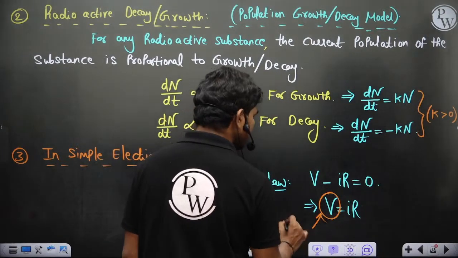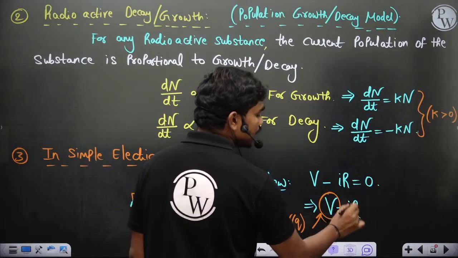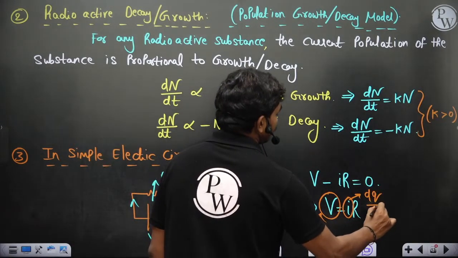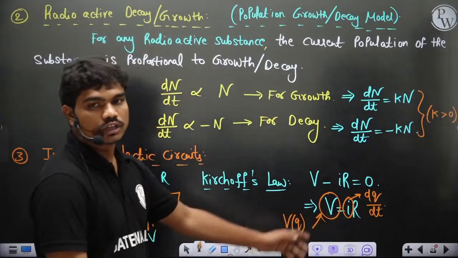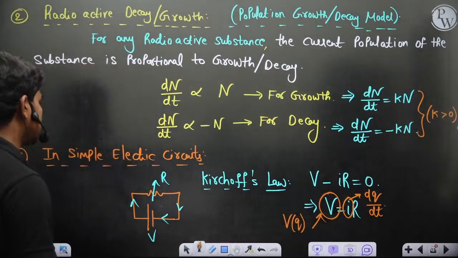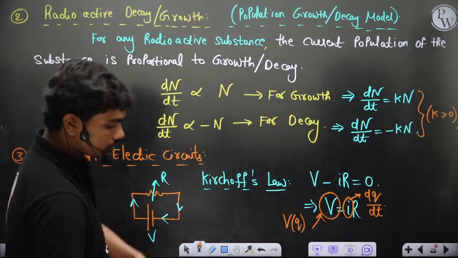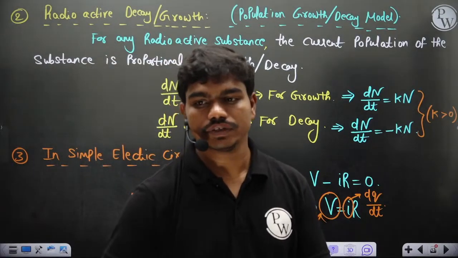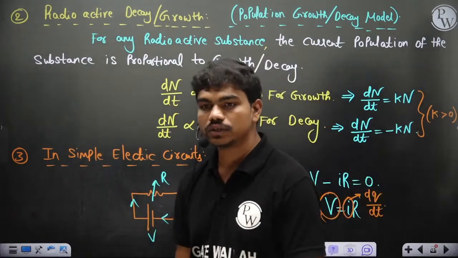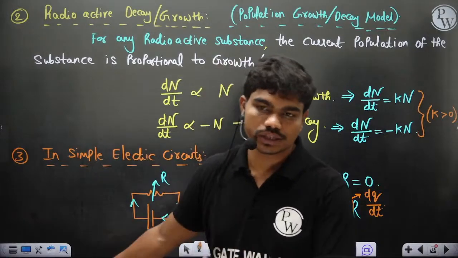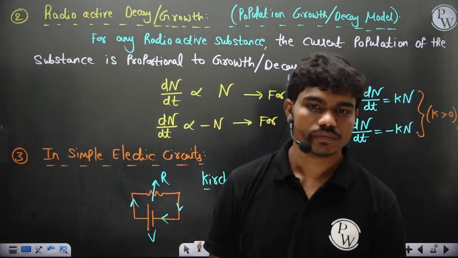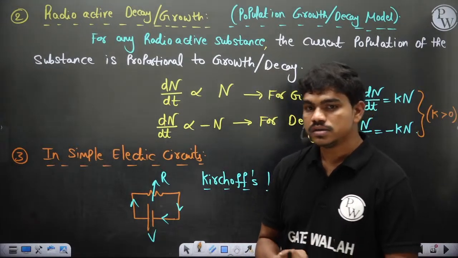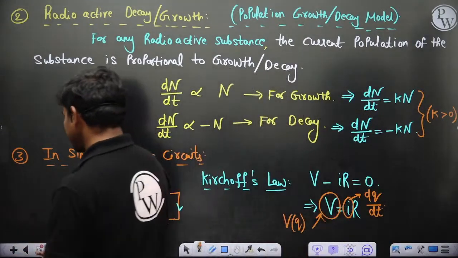Actually you can write anything, and if you write I as dq by dt and maintain R constant, it also gives you a differential equation. So there are plenty of examples in physical subjects where you keep generating first order differential equations. The idea is to know the technique to solve this first order equation. That's the main idea. Clear to all of you? So if these things are clear, let me give you one question to solve maybe.